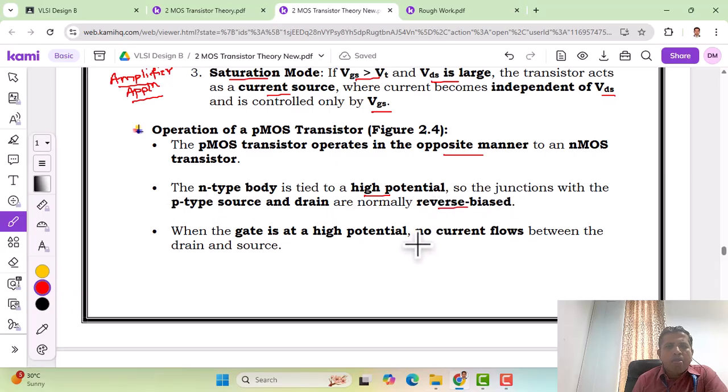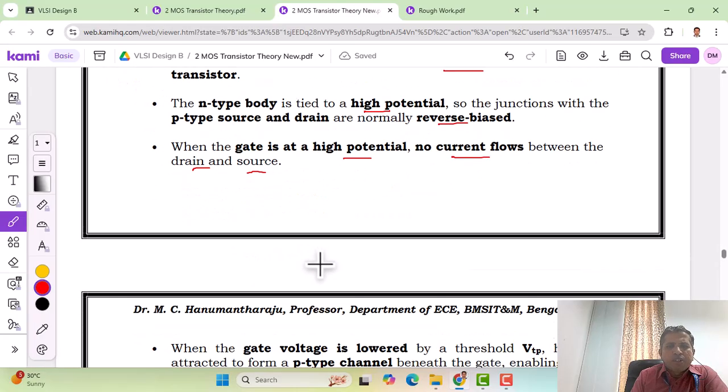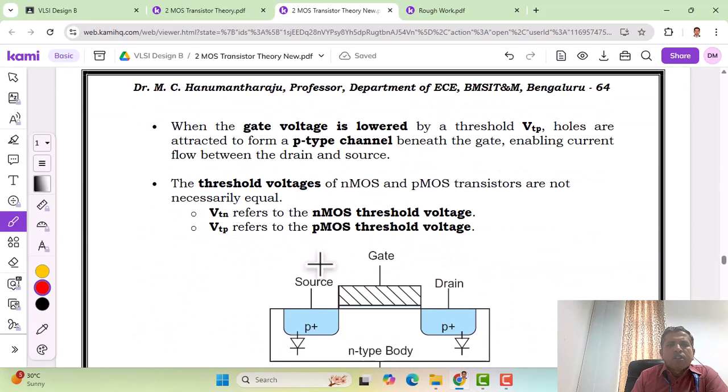When we apply a high potential to the gate, there will be no current flow from drain to source. We'll go through the structure to understand better. When we apply a lower gate voltage, less than the threshold voltage, holes are attracted to form a p-type channel, as we can see here.